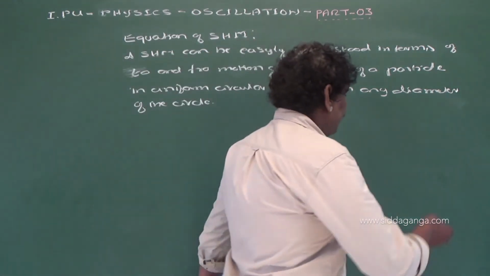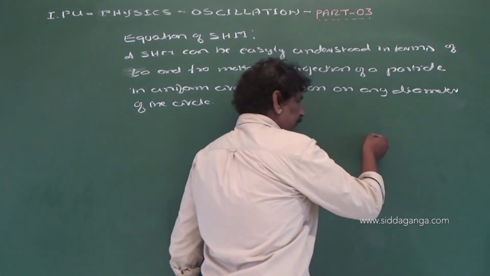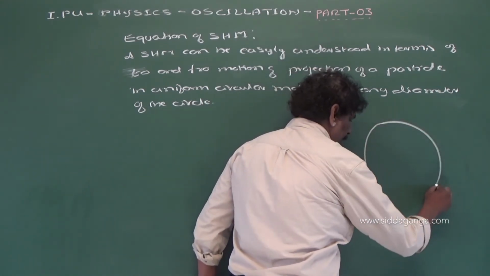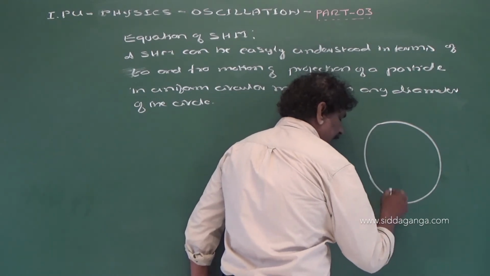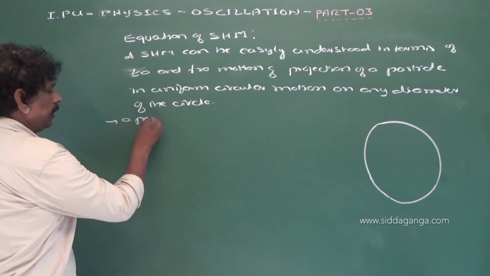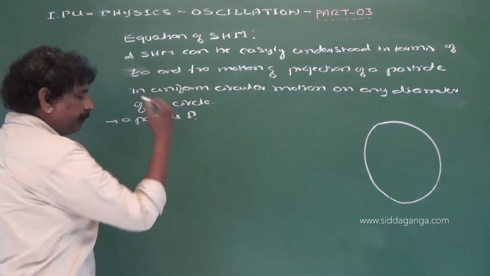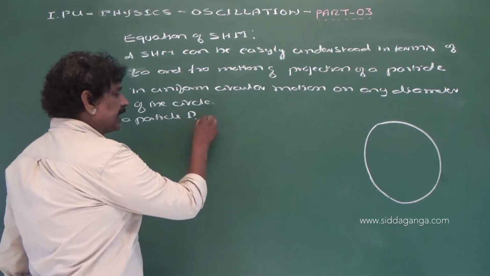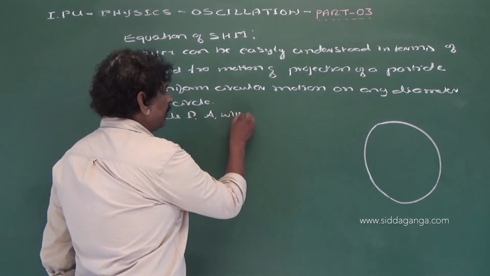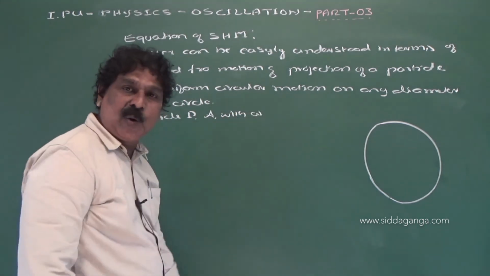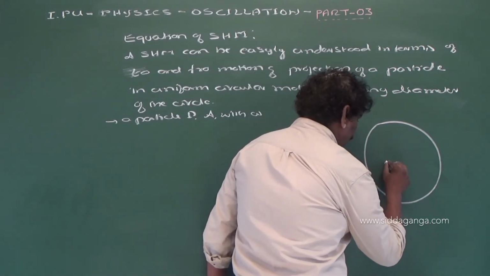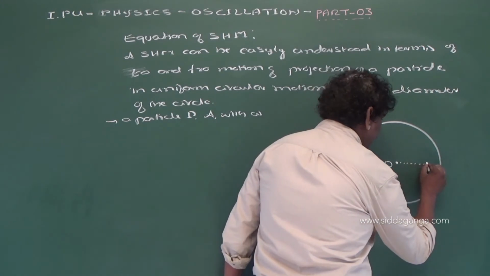Now again, let us consider a particle P moving along a circular path of constant radius A with the constant angular velocity omega in anticlockwise direction, right. O is the center of the circular path.